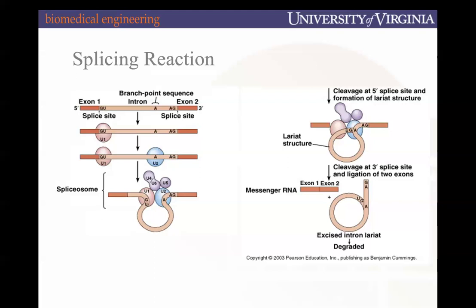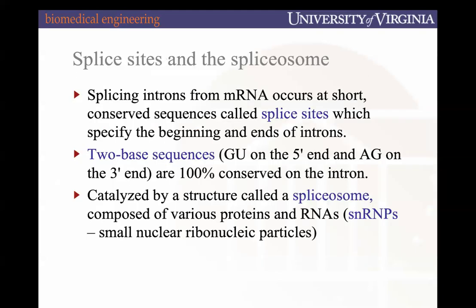Yes. Can you explain what you meant on the slide? Yeah, so when I say they're 100% conserved, what that means is that across all introns, they are going to have at the 5' end a GU sequence and at the 3' end an AG sequence.